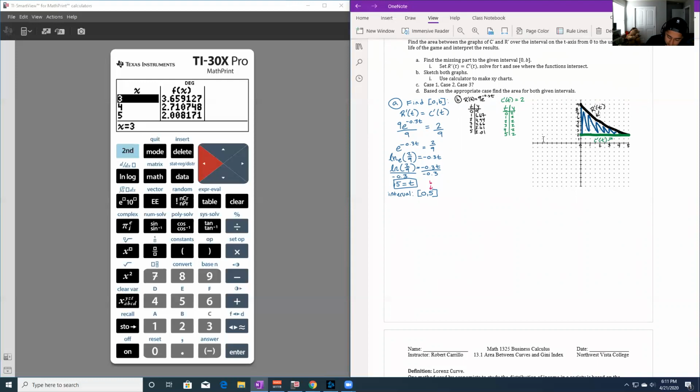C. This is case 1, which means again, we'll have the integral from a to b, but this time we're going to put it in terms of what we're using. R prime of t minus c prime of t dt.